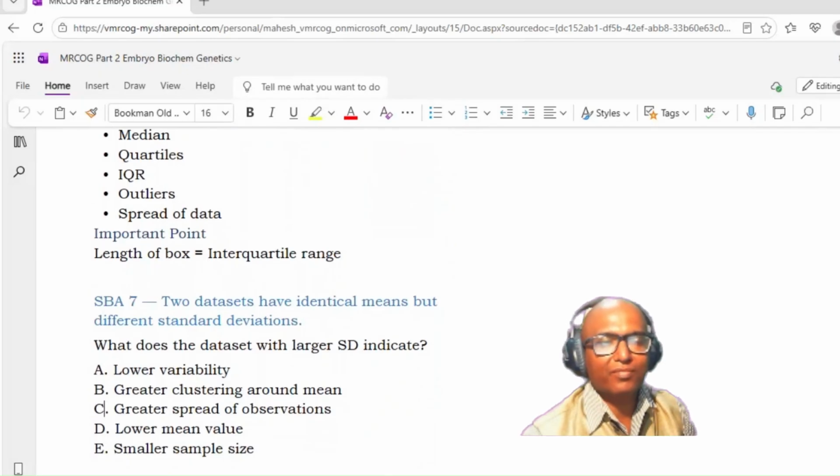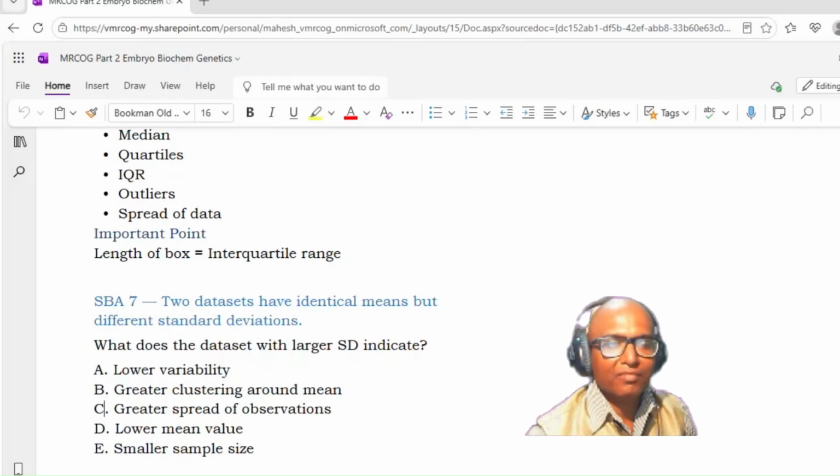Next, doctor. Two data sets have identical means but different standard deviations. What does the data set with larger standard deviation indicate? Lower variability, greater clustering around mean, greater spread of observations, lower mean value, or smaller sample size.